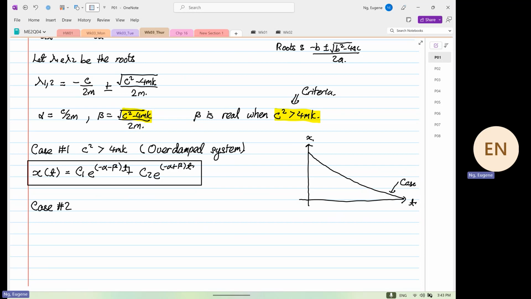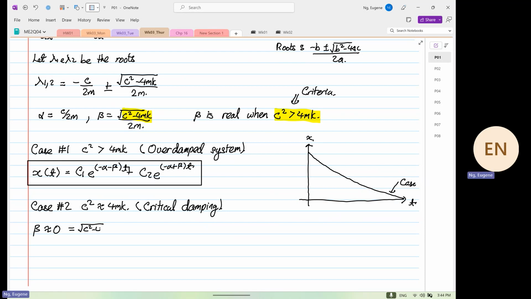Then the next thing, case number 2. Case number 2 is when c squared is approximately equal to 4mk. This is what we call critical damping. When this is the case, beta is approximately equal to 0 because beta is equal to what?